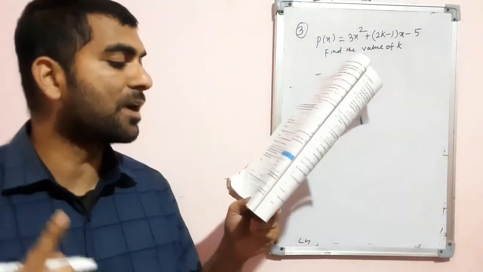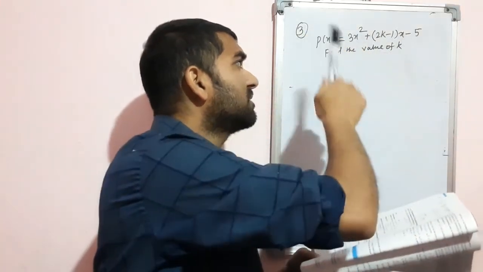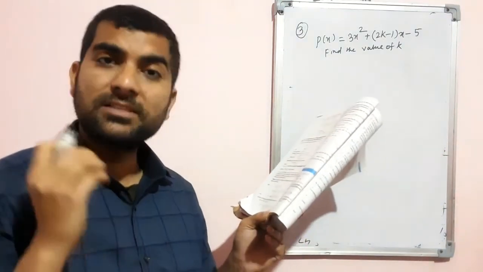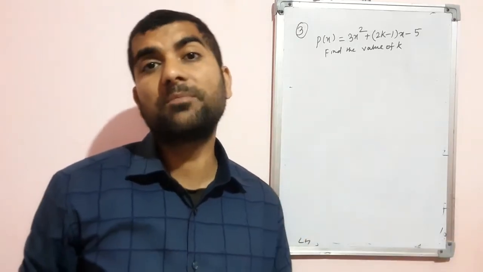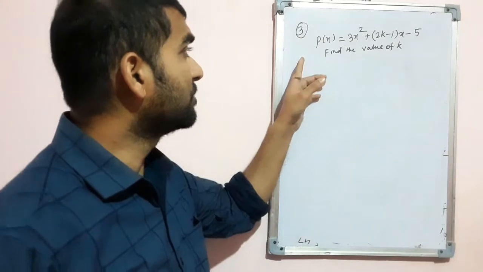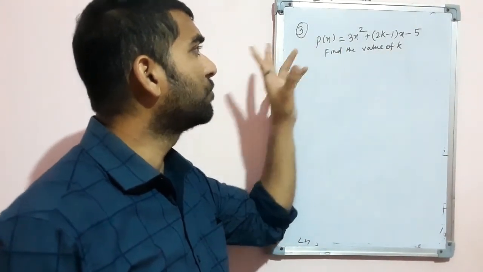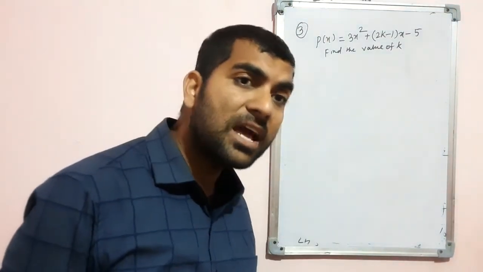If the zeros of the quadratic polynomial p(x) are equal in magnitude, means they have the same value but opposite in sign, then only we have to find the value of k. Question is: find the value of k where the two zeros are equal in magnitude but opposite in sign. So let us find.